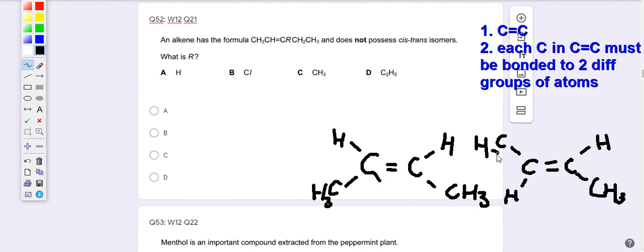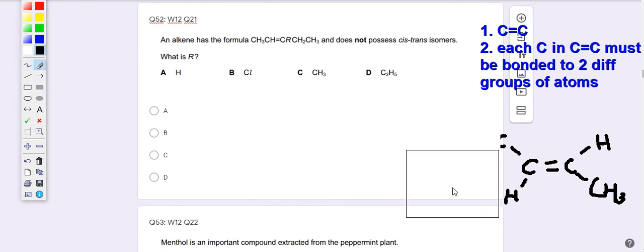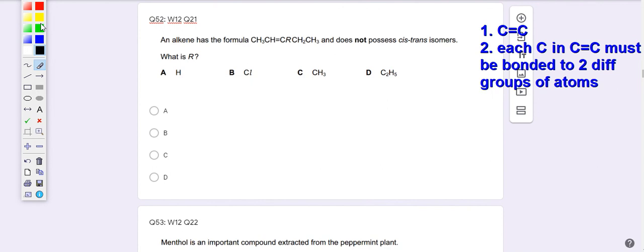Now, for this question, they want the formula of this alkene without cis-trans isomers. So what is the R group? I'll draw the displayed formula for this. I erase the example and look at the question.